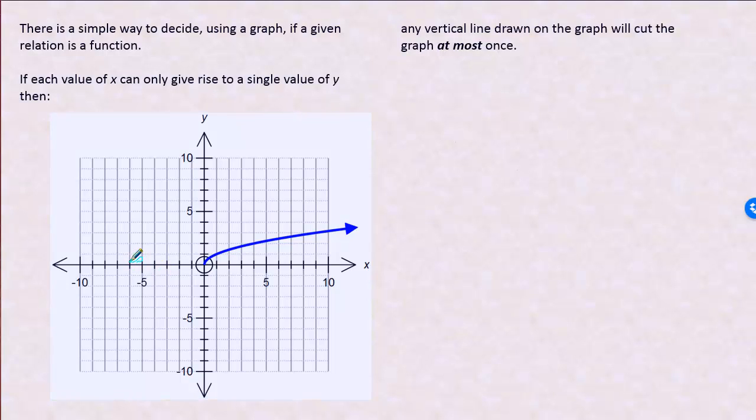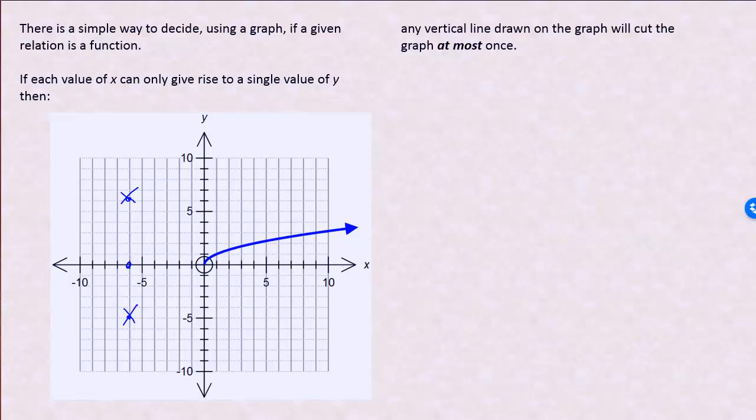Let's suppose this value here of x, -6, gave rise to two different values of y. Then the vertical line drawn on the graph, x equals -6, would cut the graph here and here. And so it would cut more than once, it would cut twice, and that would not be a function.